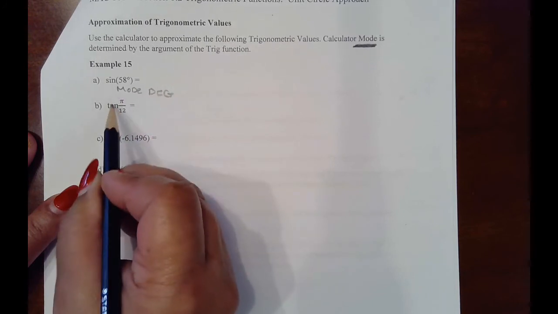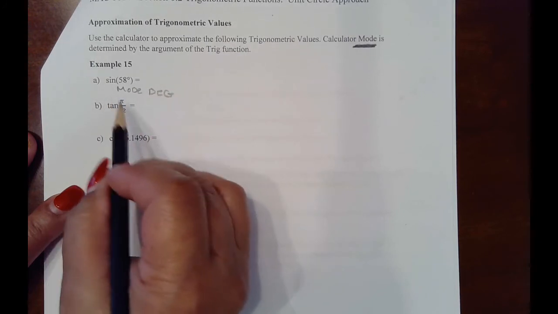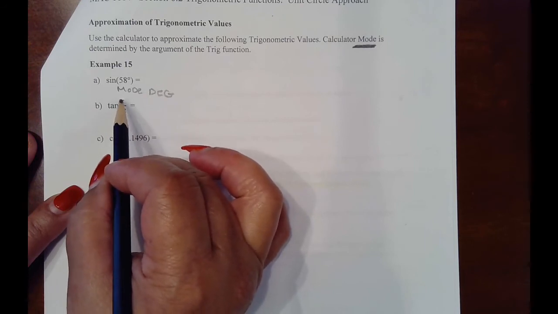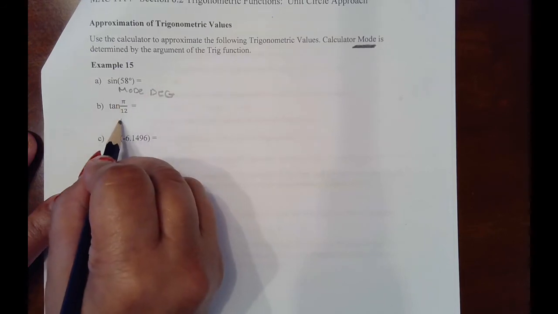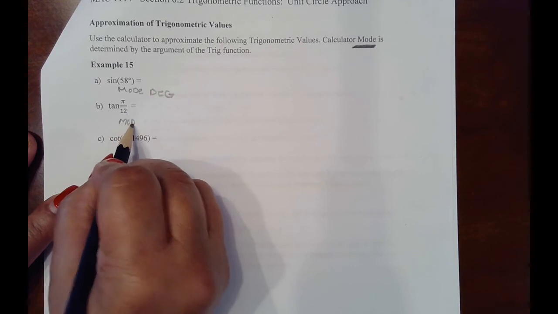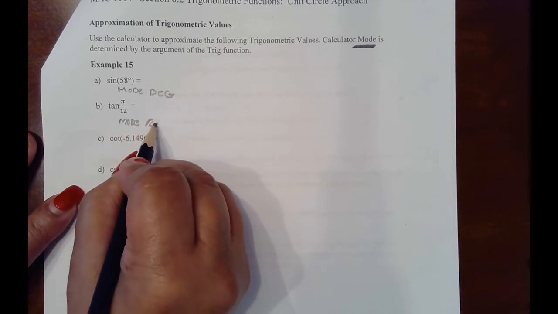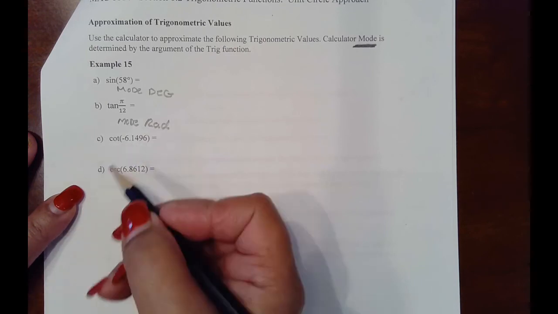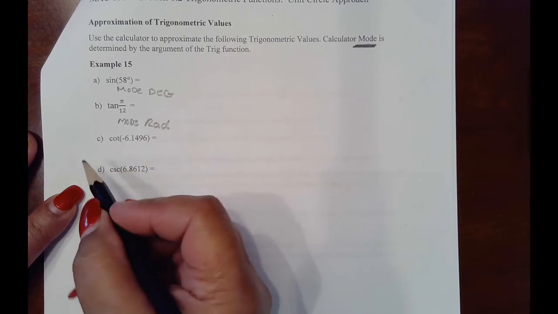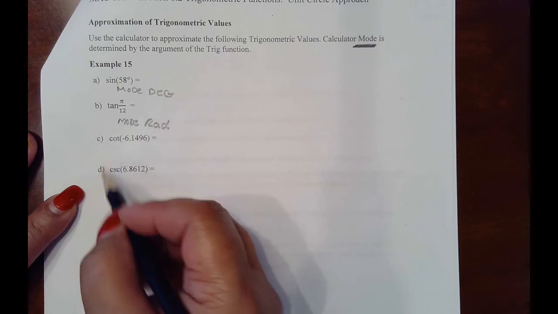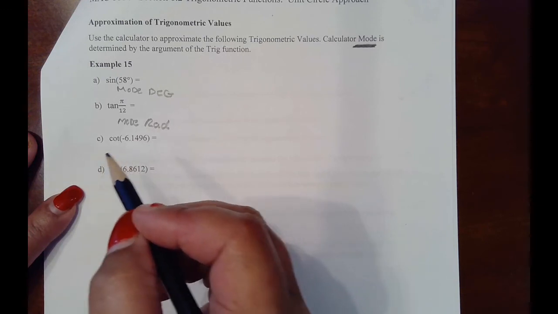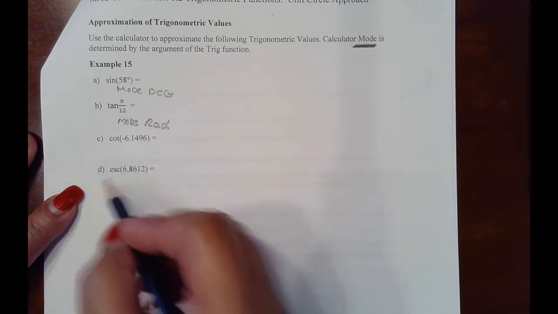If it's in radians, any type of decimal argument, which this is, since pi is a decimal, then the mode needs to be in radians. The trick with these two is that there's actually no key for cotangent or cosecant, so I'm going to show you how to use the keys that you do have on your calculator to get cotangent and cosecant.